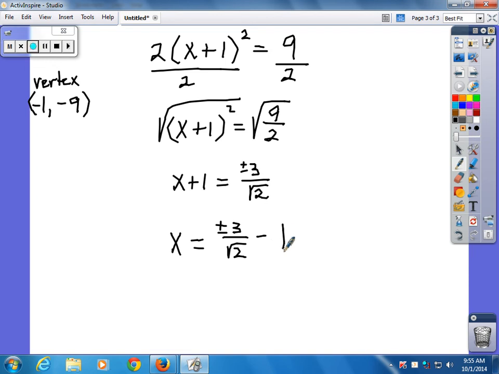Rationalize the denominator, yes. So I'm going to change that to x is equal to positive or negative 3 square root of 2 over 2, minus 2 over 2.